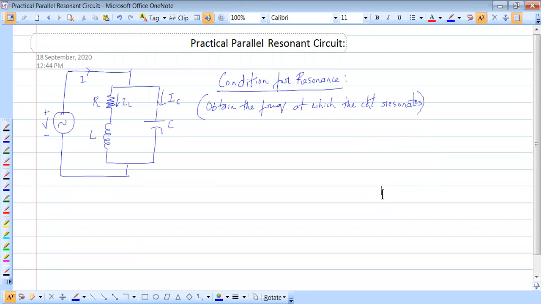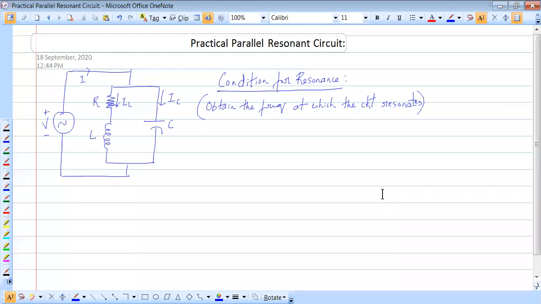We saw the equations for the impedance, the quality factor, and the resonant frequency. We saw the equations at half power frequencies, and every equation in series resonance can easily be obtained in parallel resonance by just applying the principle of duality. Okay, but that's very much theoretical.